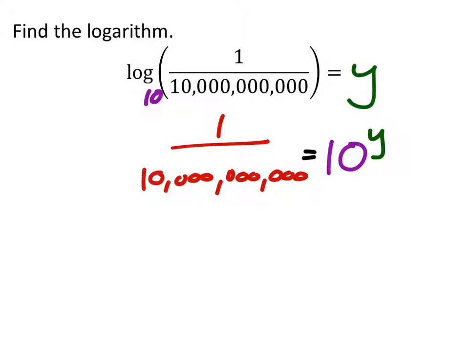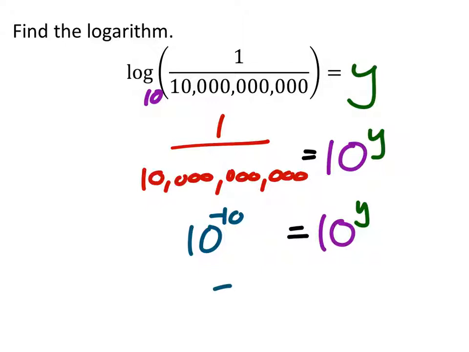Okay. We got 10 billion right there, which is just kind of like 10 to the power of, how many zeros is that? 10 of them. Now that's 1 over 10 billion, so it's going to be a negative exponent on that. So that equals 10 to the power of y, right?